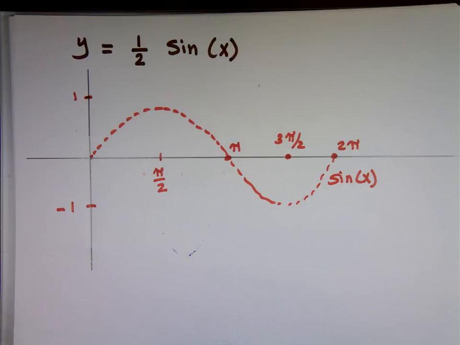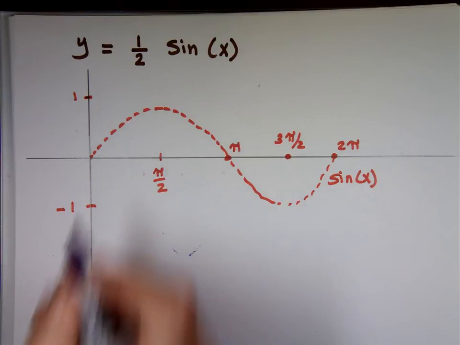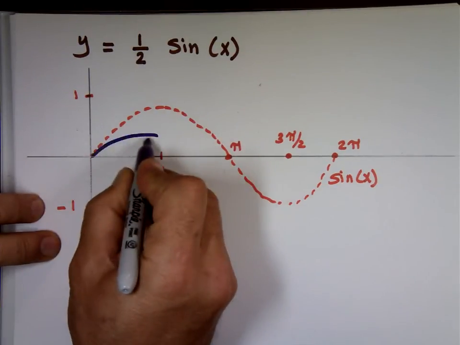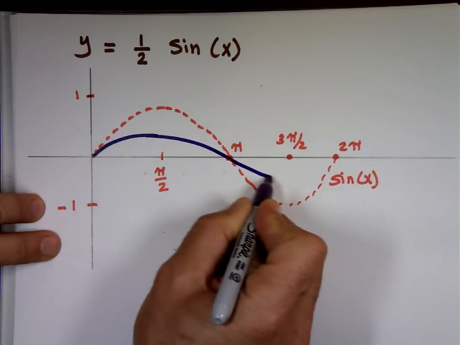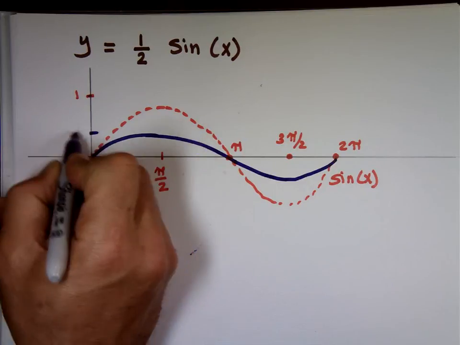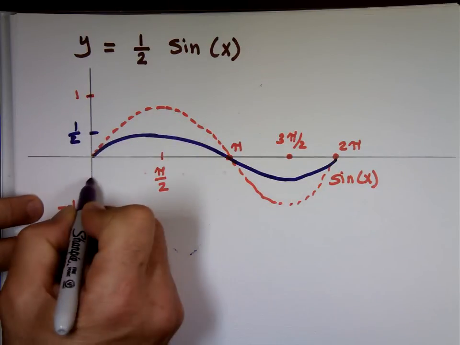So what's the difference here? It's going to go half as high. That's 1/2. And this is what? Negative 1/2.